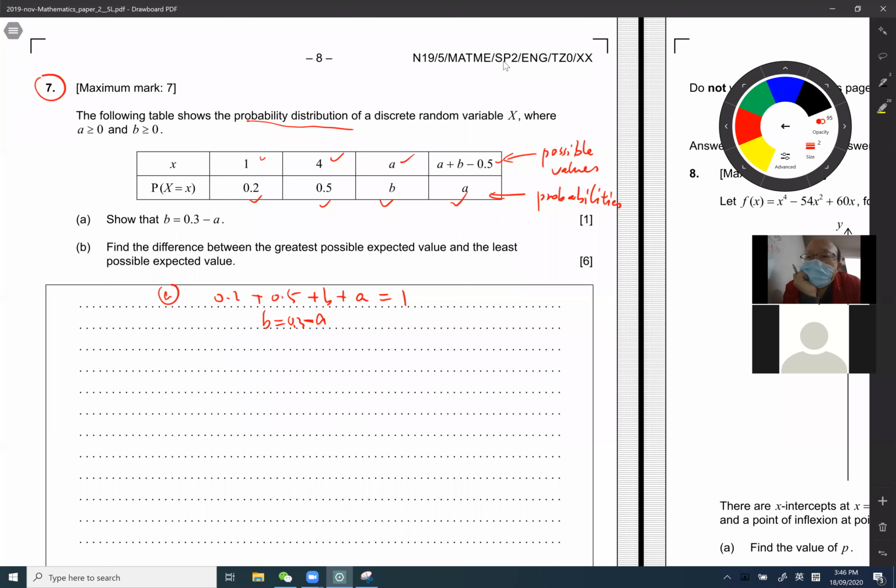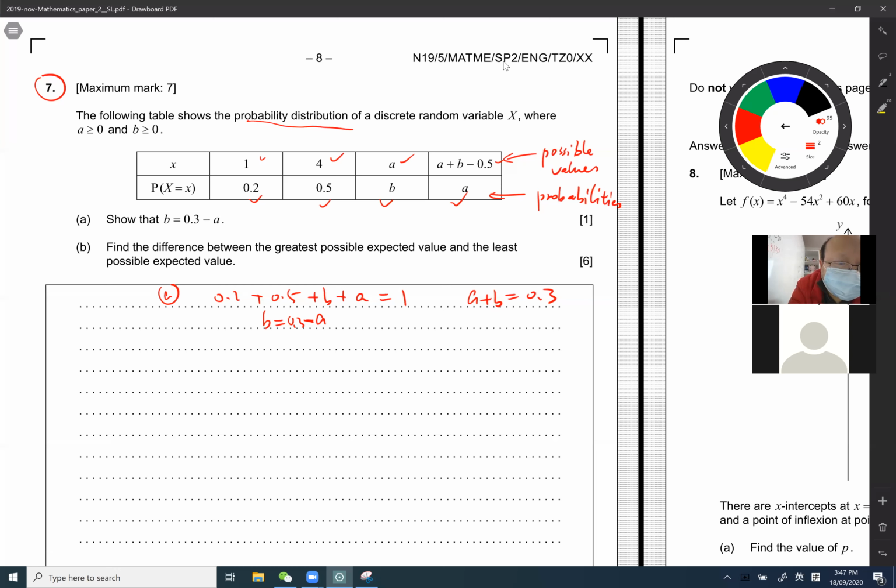So for part A, all probability add up to 1. So you have A plus B equals 0.3, so B equals 0.3 minus A.